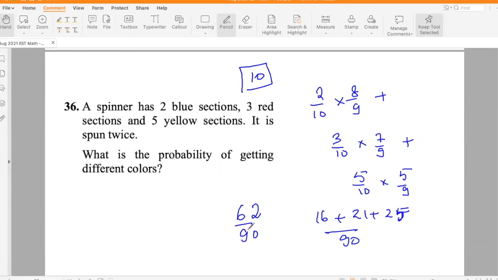I think we'll give it as a decimal: 62 divided by 90 is 0.69, right?